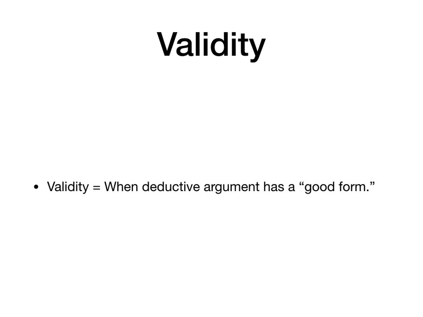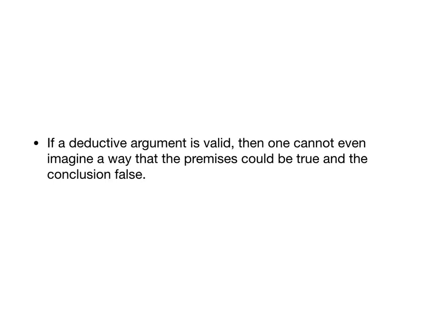What then does validity mean? Well, to say that a deductive argument is valid means that one cannot even imagine a way that the premises could be true and the conclusion false. If the premises are true and the argument is valid, the conclusion must be true as well.